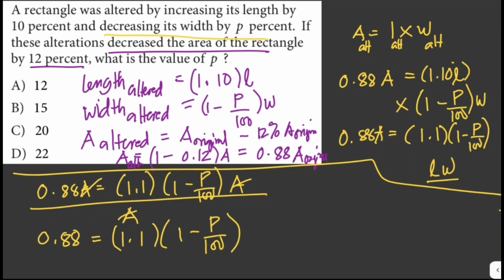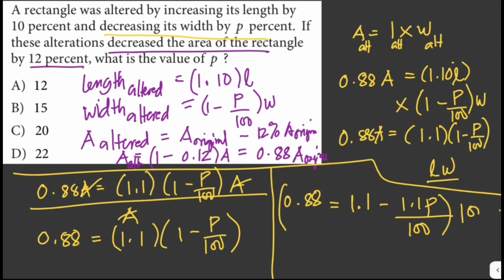And now we can solve for the value of P by simplifying the expression on the right. So this is just equal to 0.88 equals 1.1 minus 1.1 p over 100, and then multiplying both sides by 100, and we get 88 equals 110 minus 1.1 p, and subtract 110 from both sides.